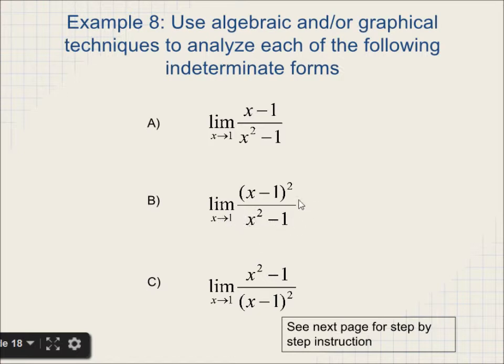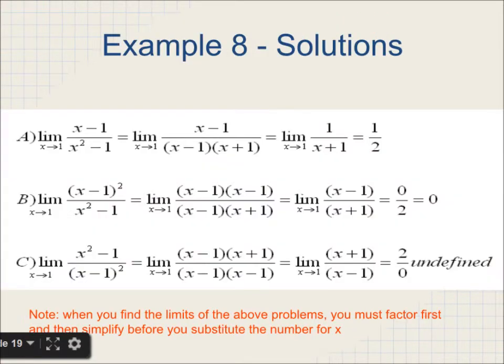Whenever you get 0, then it is not defined or an indeterminate form. Here also, if you put 1, x square minus 1, that is 1 minus 1 is 0, so not defined. Here also 1 minus 1 is 0, 0 square is 0, so it's not defined. So here again I have calculated it.